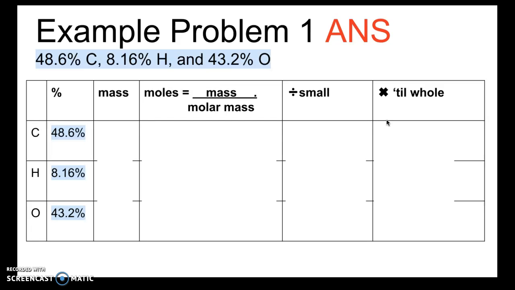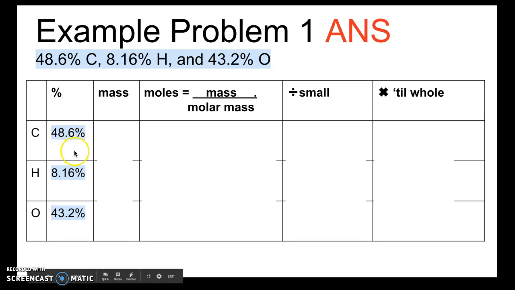The key information here is the mass percents of carbon, hydrogen, and oxygen. The best way of doing this is setting up this table, where I take the parts of the poem: percent to mass, mass to moles, divide by small, times to whole, and I make a column for each one. And in each row, I have the elements. So take a moment to set up your table.